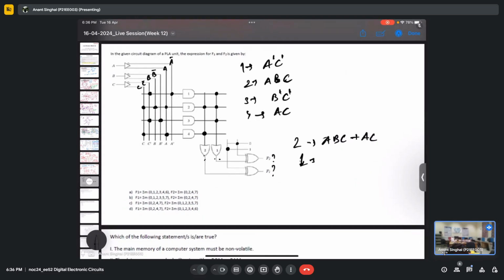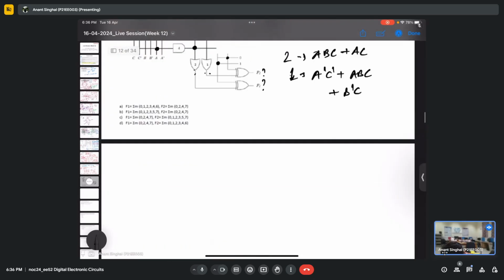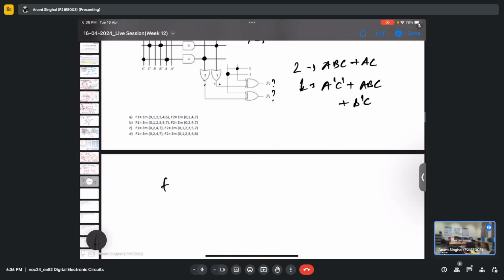So for 1, we have 1 plus 2 plus 3. So it will be A complement C complement plus ABC plus B complement C complement. So now we have this F1 and F2, and we'll solve for what F1 and F2 are. F2 is given as 1 XOR 1, which is VDD.